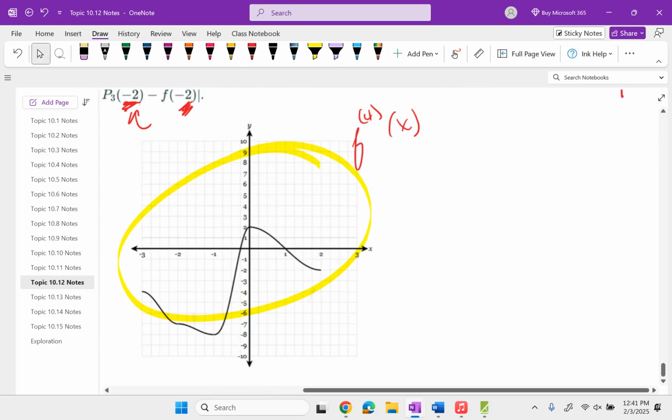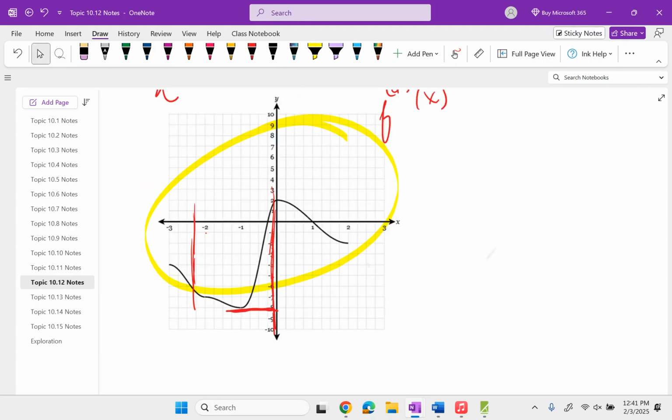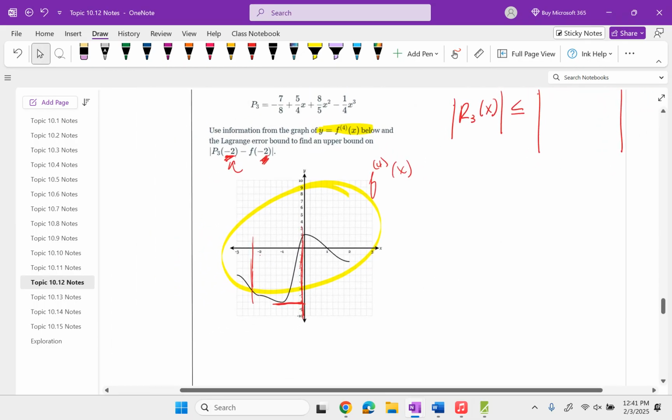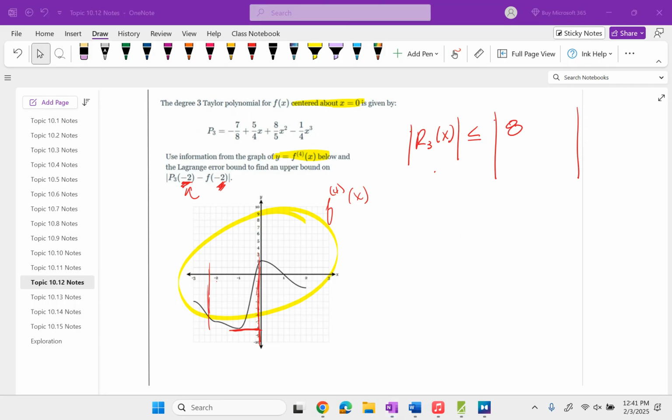So we're right in here somewhere. We know that we're going to be in this area right here. What is the highest or the lowest that we're getting on this graph? So we know it's never going to be above or below -8. But we want the absolute value of that. So instead of using -8, I'm going to use +8 because it's in absolute values here. I could leave the negative and take the absolute values off, but we're going to go +8, because that's the biggest it can be.